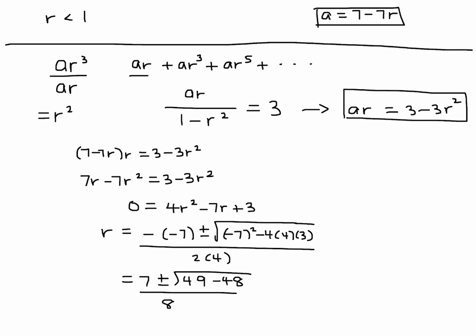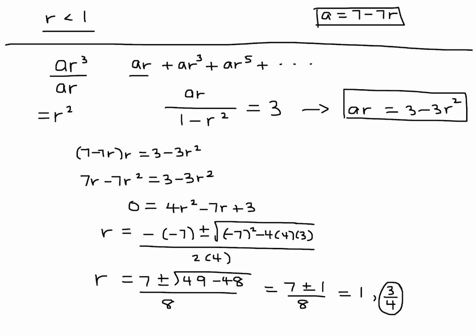And that's all over 8. And that's going to give me 7 plus or minus 1 over 8. So that gives me 7 plus 1 over 8, which is 1. 7 minus 1 over 8 would be 6 over 8, which is 3 over 4. Okay, so those are my values for r. But remember, r has to be less than 1, so the only value of r that's possible is 3 over 4.